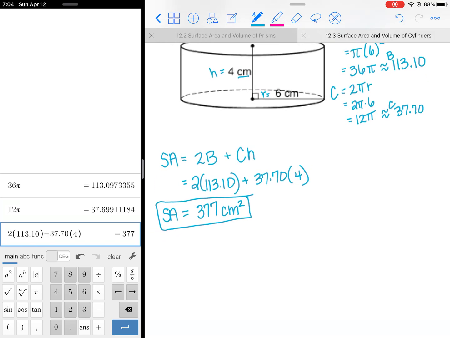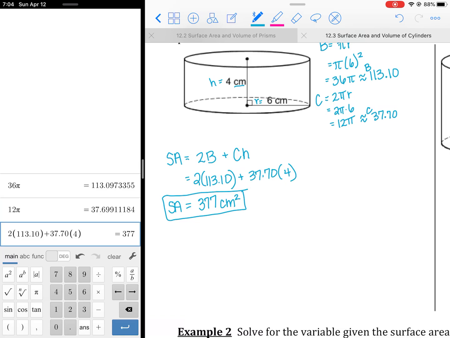So we talked about nets in our prisms, but we haven't talked about it in a cylinder. So why do we use this formula? Remember that whenever you're creating a net, you're taking your three-dimensional shape, taking its pieces apart and laying it out flat.